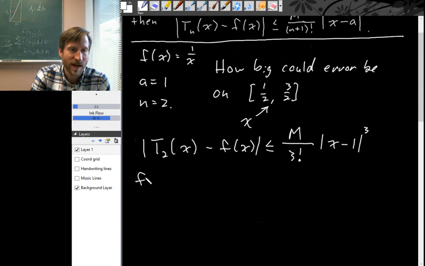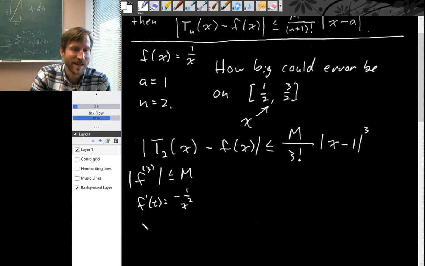Remember, M is a bound on the n plus first derivative. So let's start taking some derivatives of f. First derivative of f is minus 1 over x squared. Second derivative of f is 2 over x cubed.